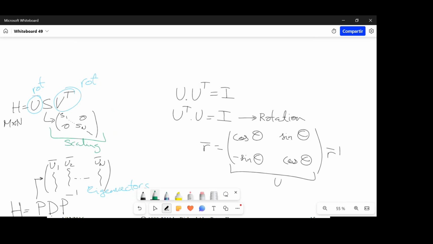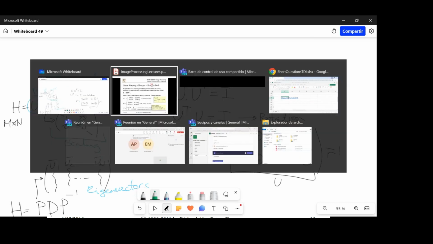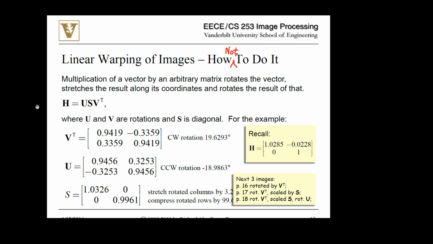So any matrix, any linear transformation in this way can be decomposed into a rotation, then a scaling, and then another rotation.